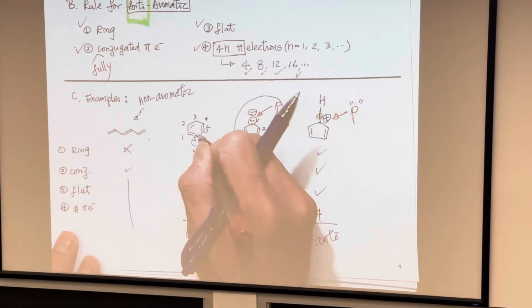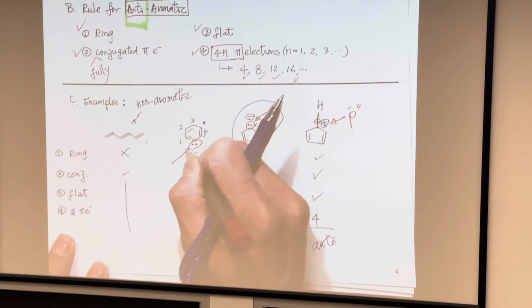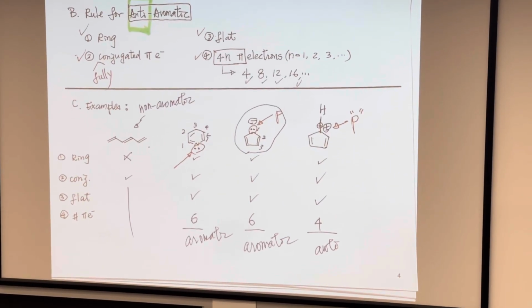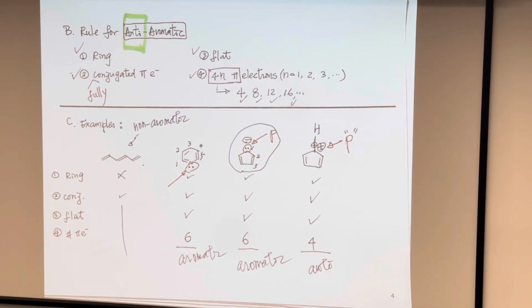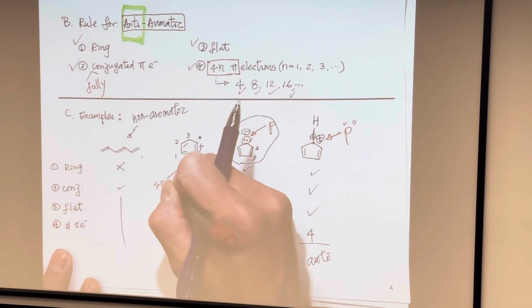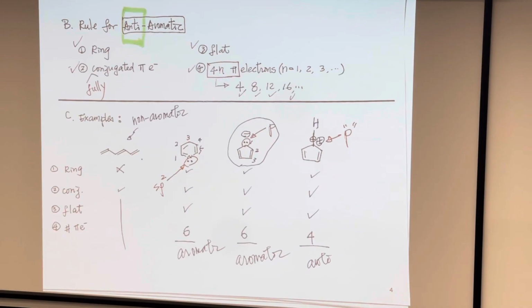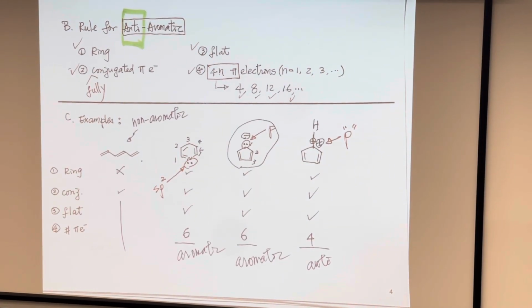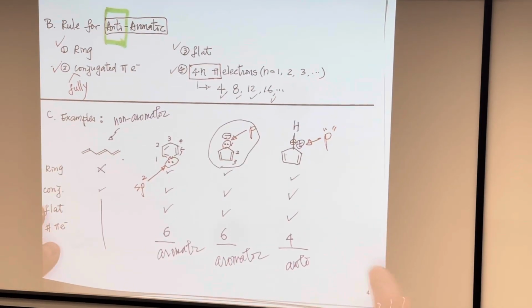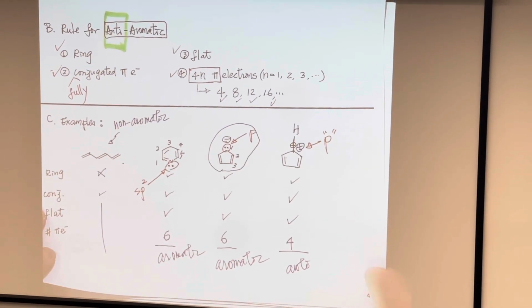How about this lone pair here? This lone pair is in an sp2 orbital. If you don't quite understand, ask around and then ask the TA or discuss with me. Okay, good. We have more examples. So far, so okay, guys?